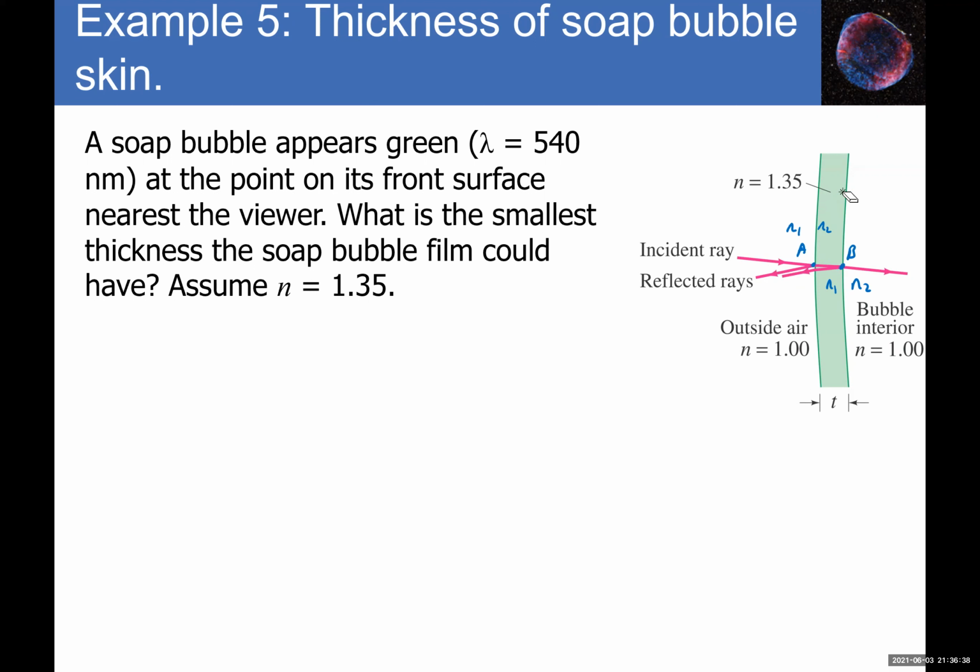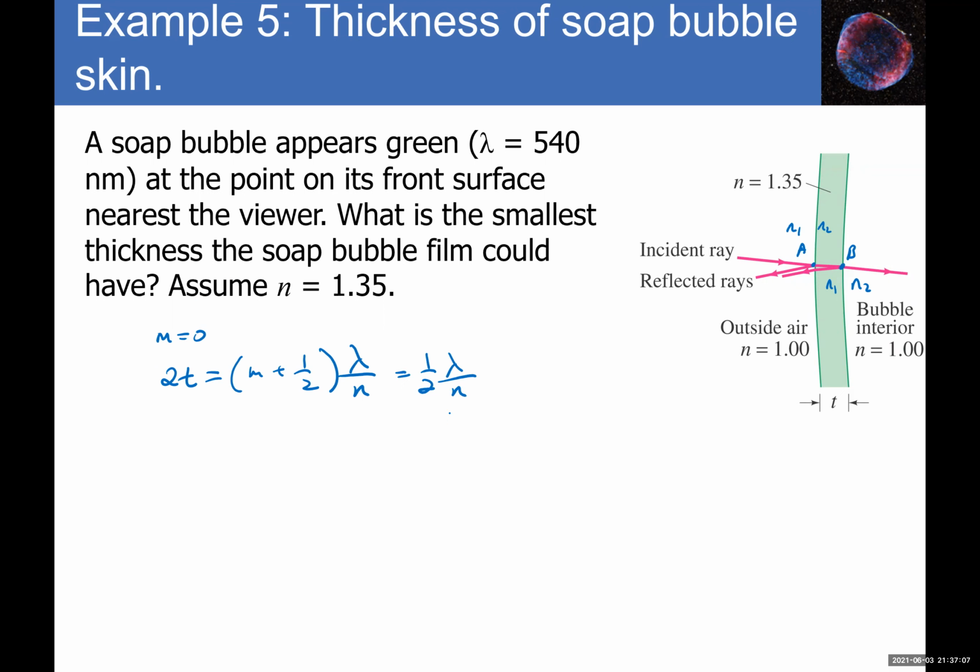One thing we will have here is that the smallest thickness for the light will be when m equals 0. Remember, we want to be able to see the green color, which means we want constructive interference. So 2t equals (m plus 1/2) lambda over n. Since m equals 0, this becomes 1/2 lambda over n.